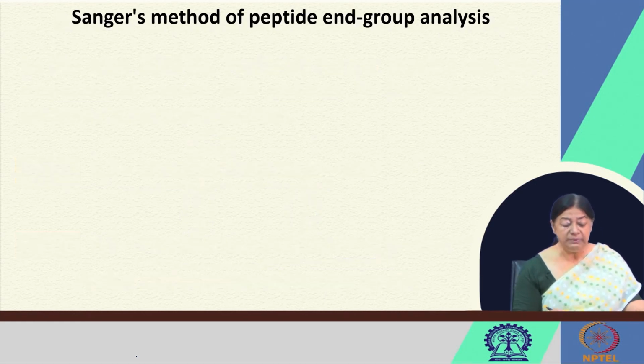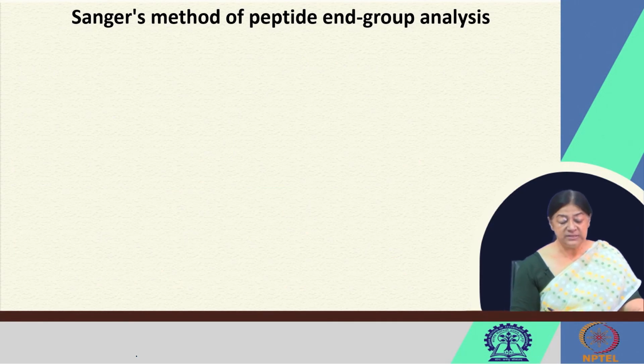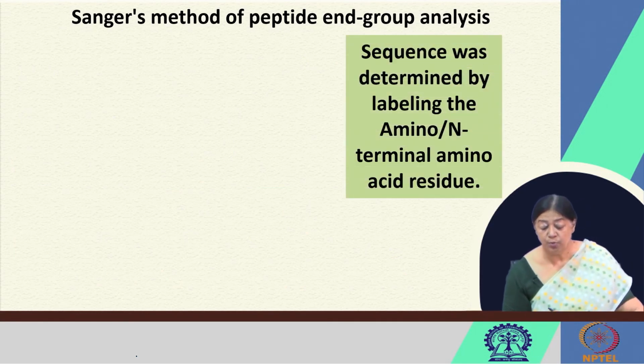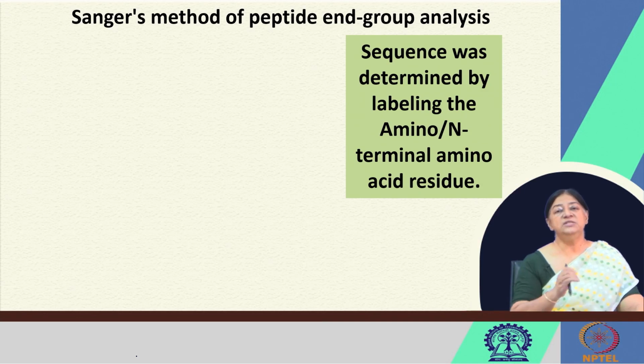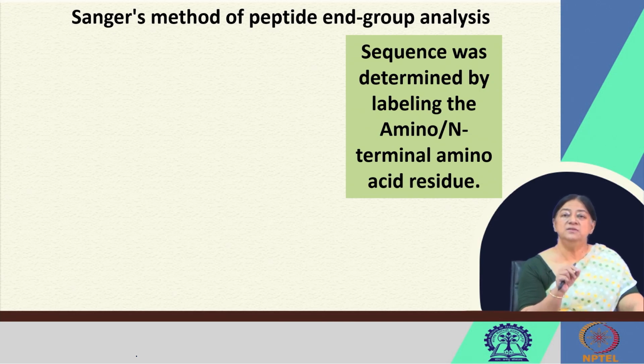So, just for a preliminary idea, to understand Sanger's method for peptide end group analysis, it is just a labeling. If we have a methodology by which we can label the N terminus of the polypeptide chain and cleave it, meaning break it off from the rest of the polypeptide chain, and have a methodology to analyze which amino acid has been broken off, I can find out what the N terminus is.